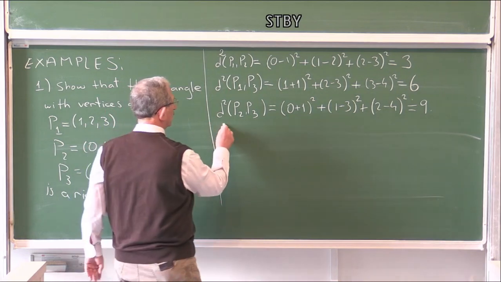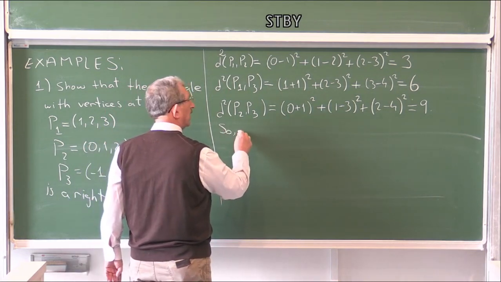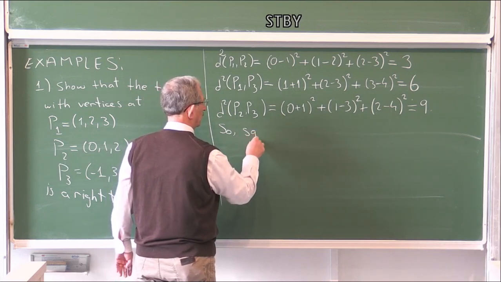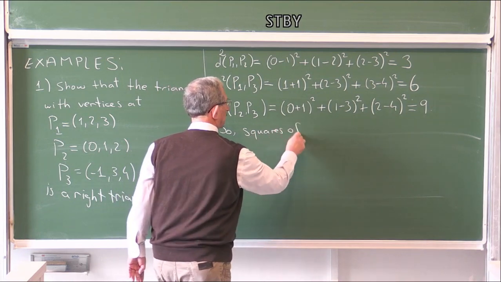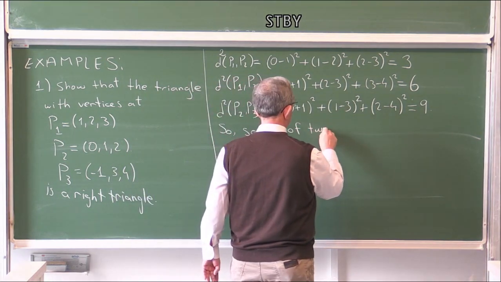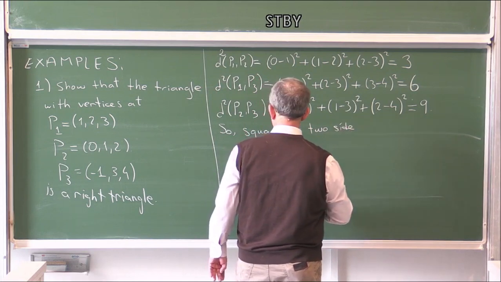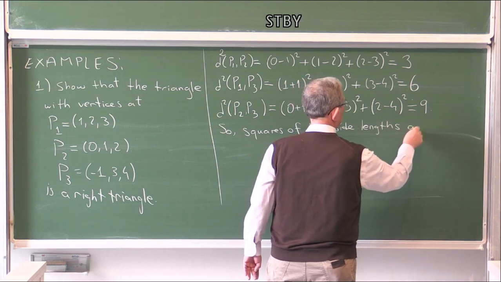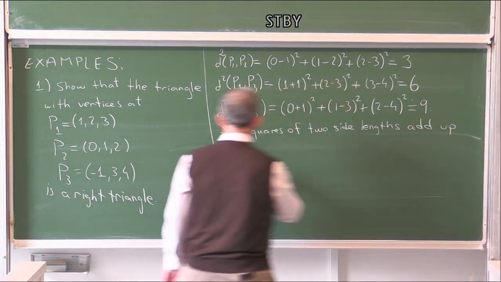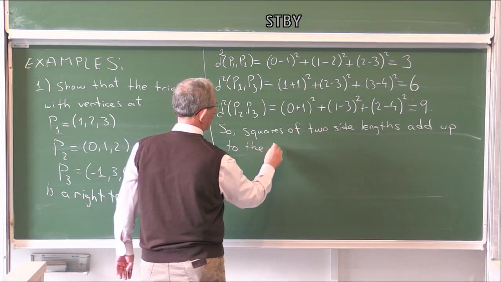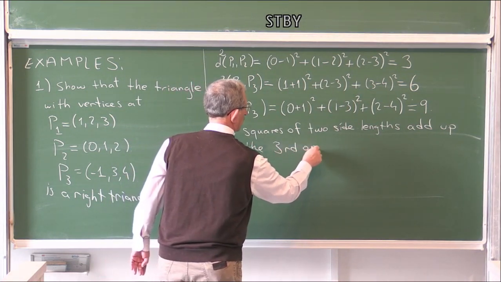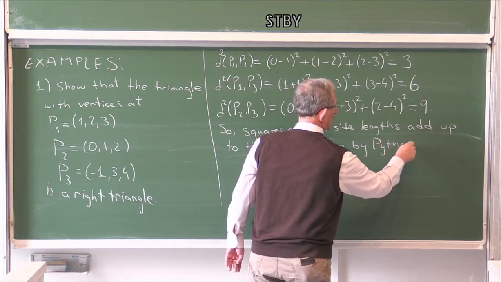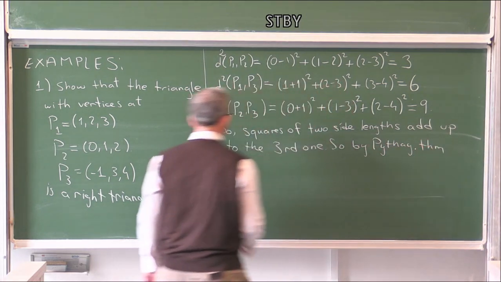The squares of the two side lengths add up to the third one. So by the Pythagorean theorem, it's a right triangle.